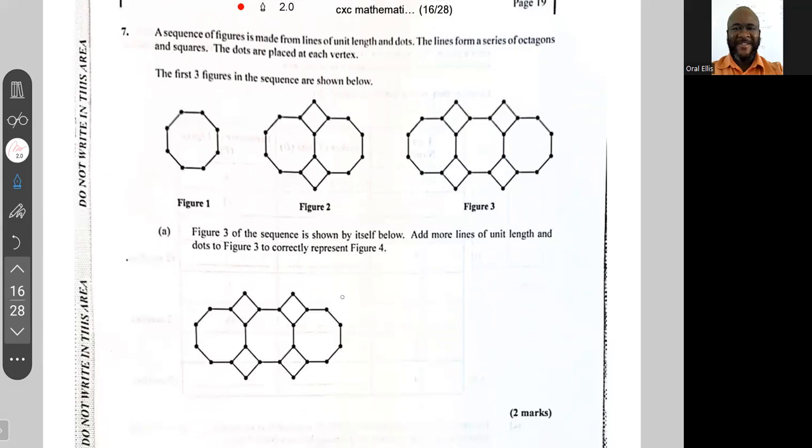All right, so let's say a dot would go here. I guess when you're doing the exam, you can try and be as neat as you can. A dot would go here, a dot would go here. So we're adding dots and lines of unit length to complete the shape so that we get figure 4.